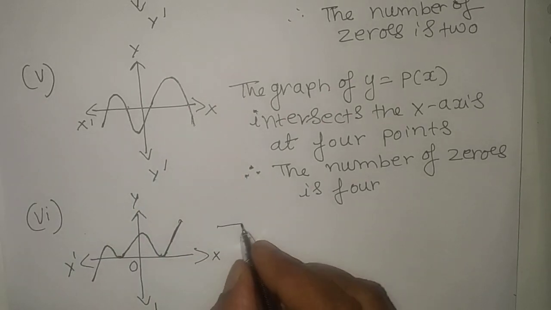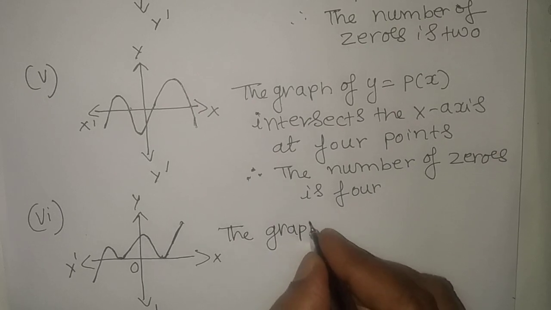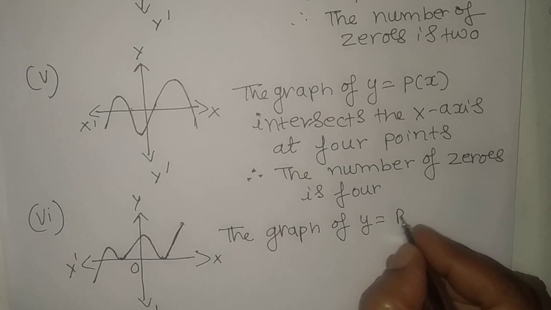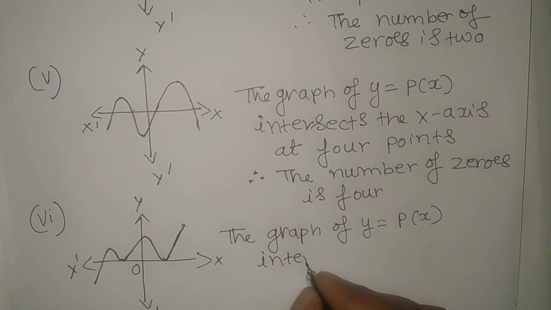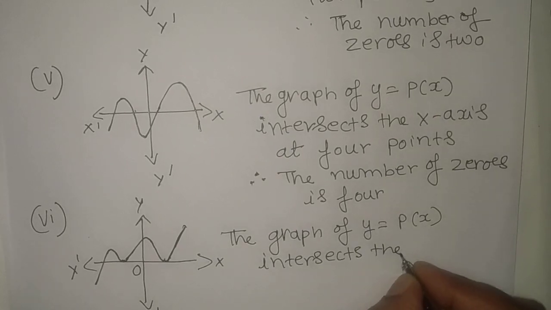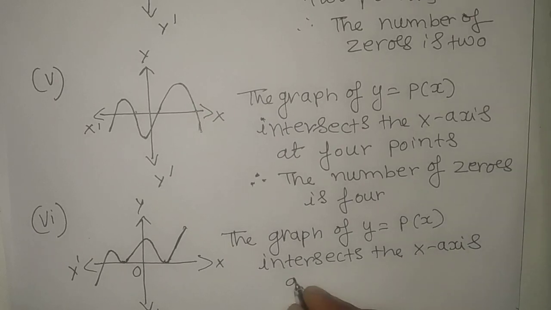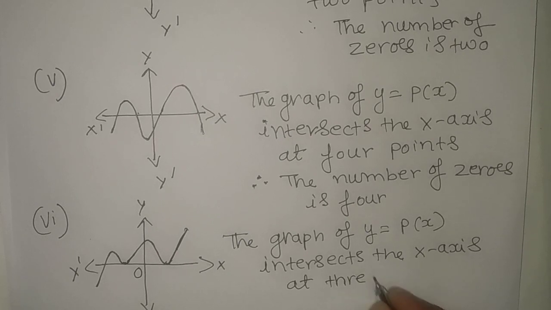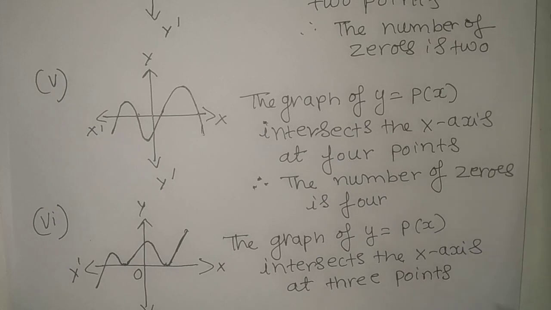So the conclusion is the graph of y equals p of x intersects the x-axis at 3 points. I showed you all the points.